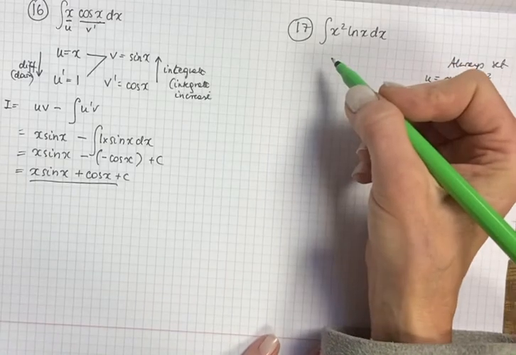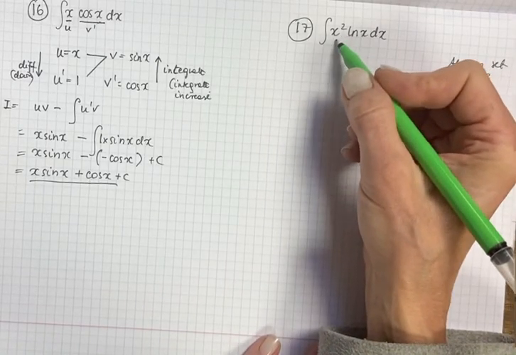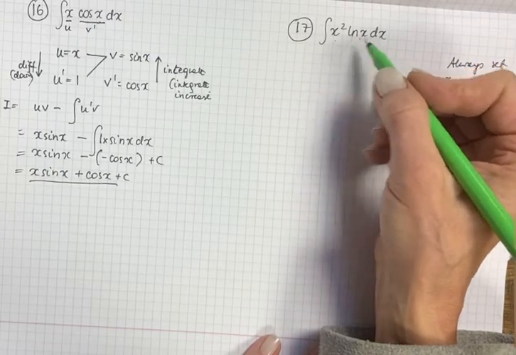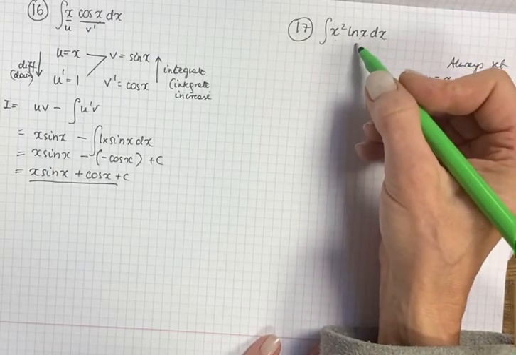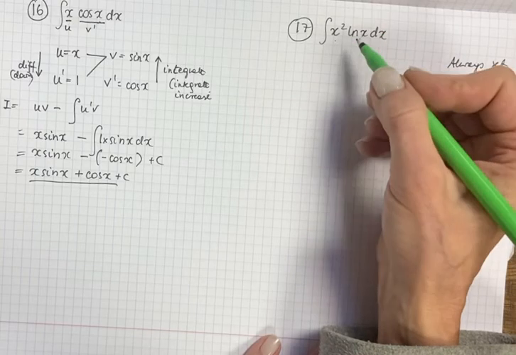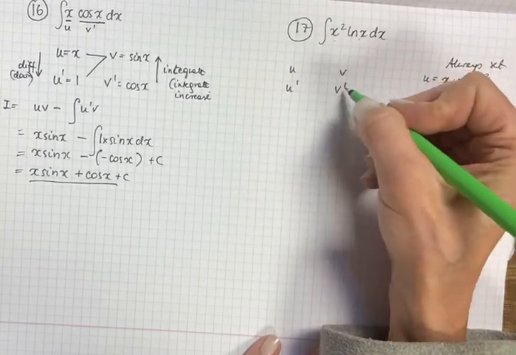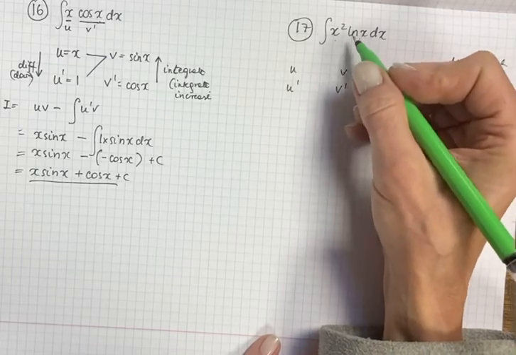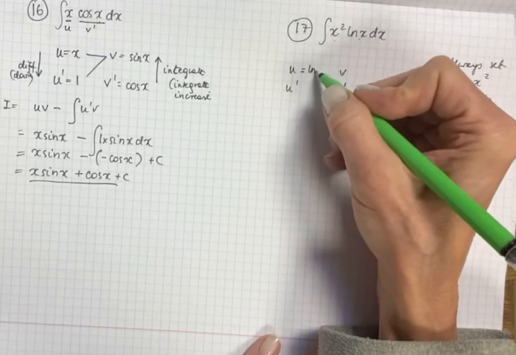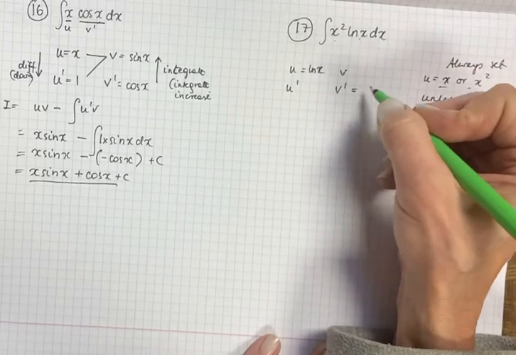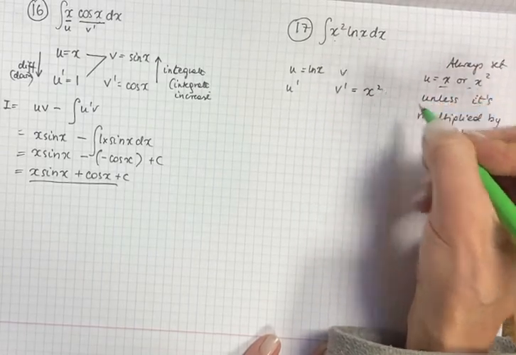Okay, the second example, here we've got again x squared times another function. If this function was e to the x or a trig function, then you set x squared as u. However, if it's not, you've got to set your u as ln x. There you go. So x squared has no choice but to be v'.